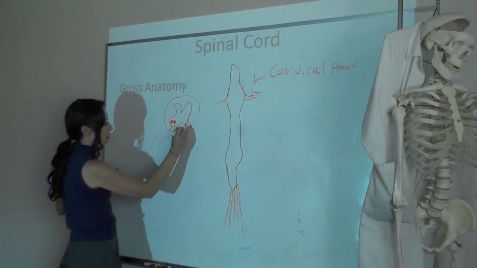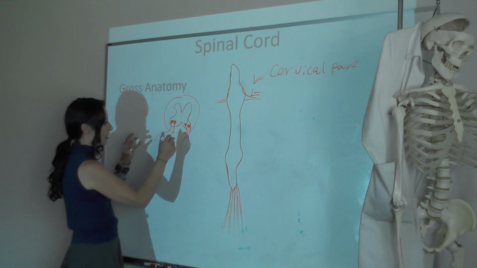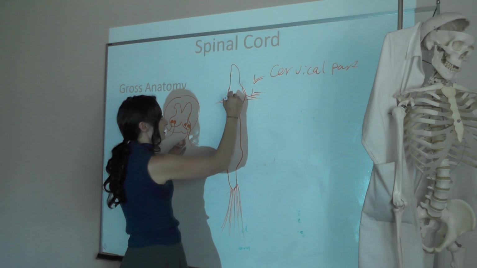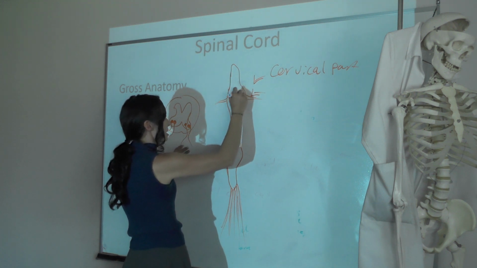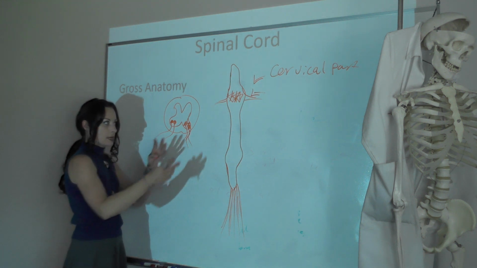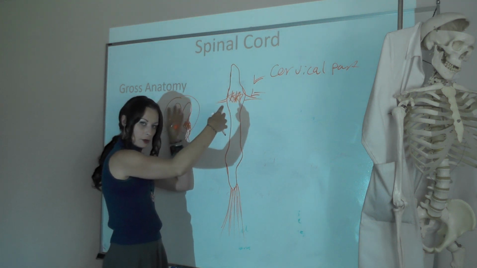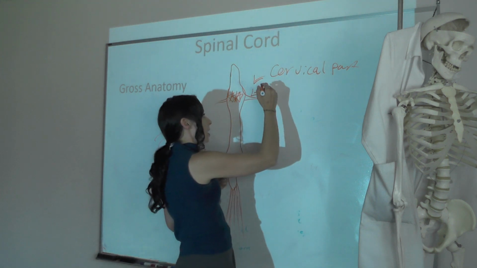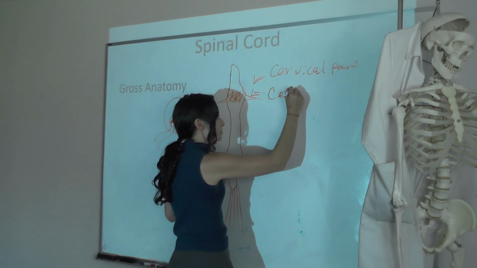So we have these enlarged regions of gray matter kind of here anteriorly. In the spinal cord, we have an enlargement here in the cervical region for more motor somas, because there we have all of the neurons that are going to go out and control the muscles in our arms. So the cervical part has a cervical enlargement.